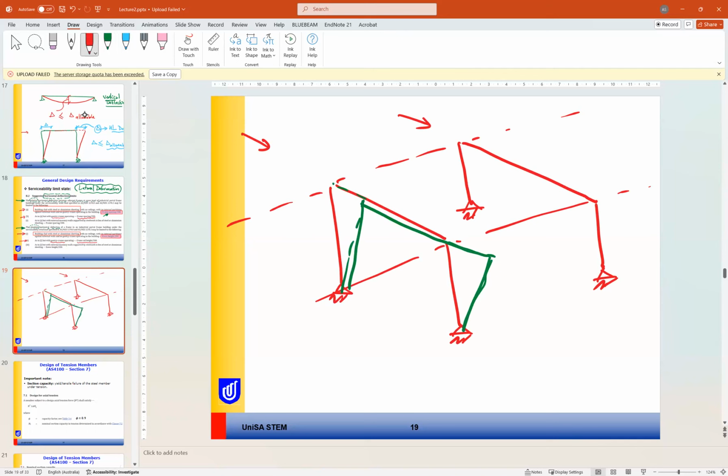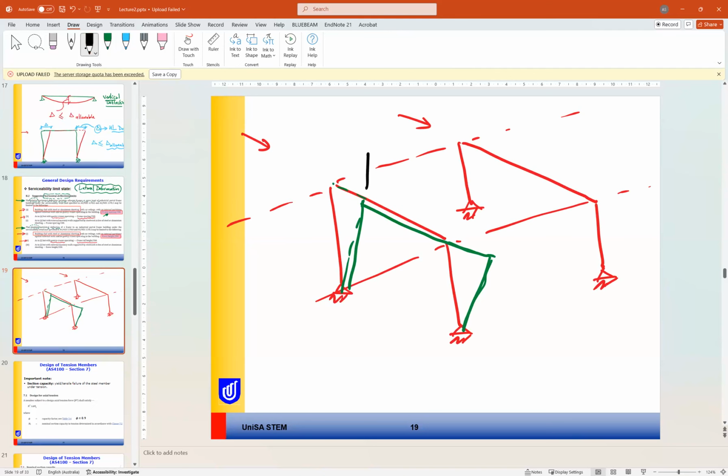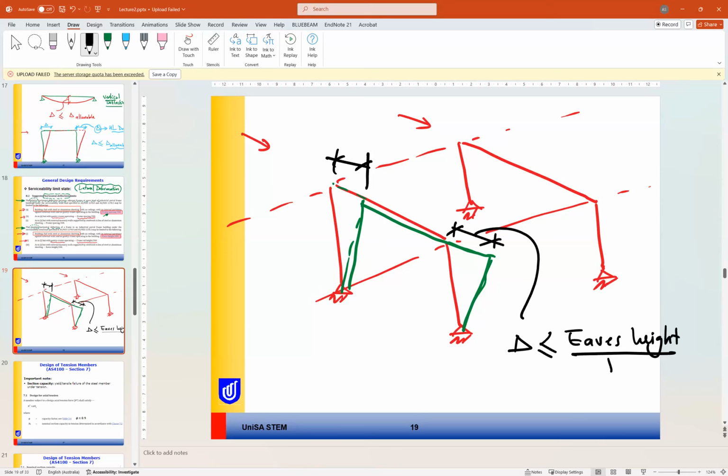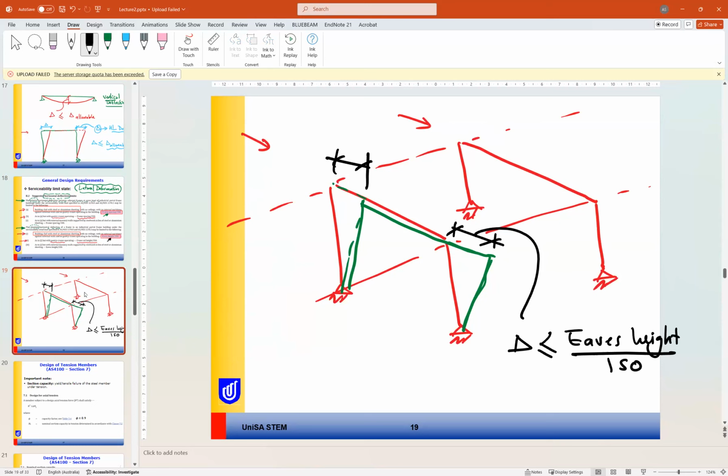So this one is the deflection. This delta should be less than eaves height divided by 150. So based on the second one here, eaves height divided by 150. What is the eaves height? The height of the frame. So this is our eaves height.